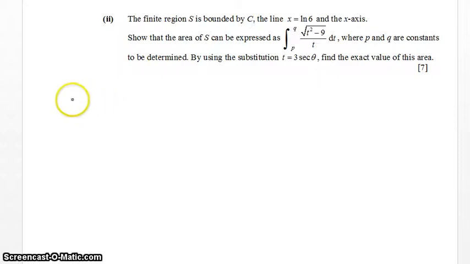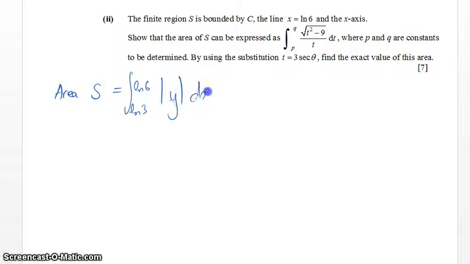In general, the area of S is going to be the integral from ln 3 to ln 6 of the absolute value of y dx. Now, we don't need the absolute value here because y is strictly positive. So this is just the integral from ln 3 to ln 6 of y dx.